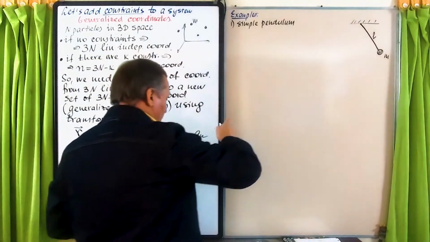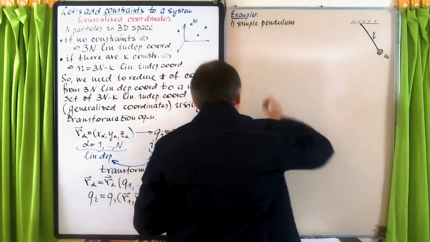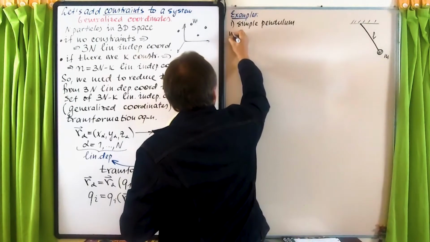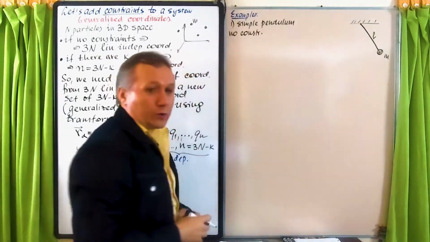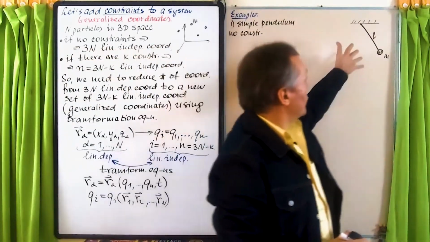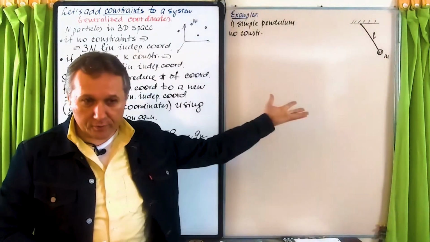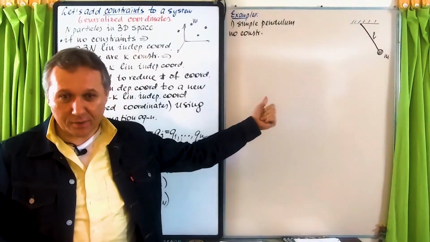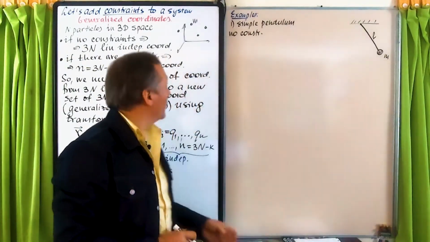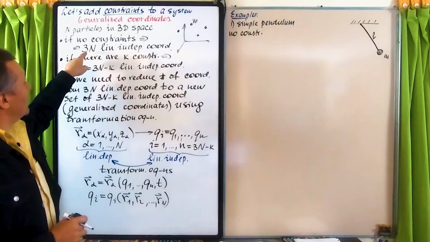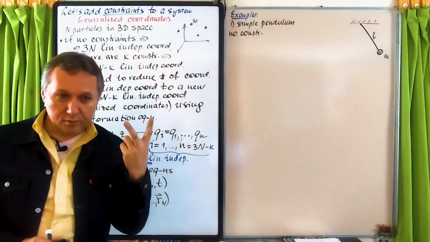Without constraints, if the system doesn't have constraints, it means there is no cord. We have one point mass m in two-dimensional space. So we'll have 2 times 1. So we need 2 coordinates.